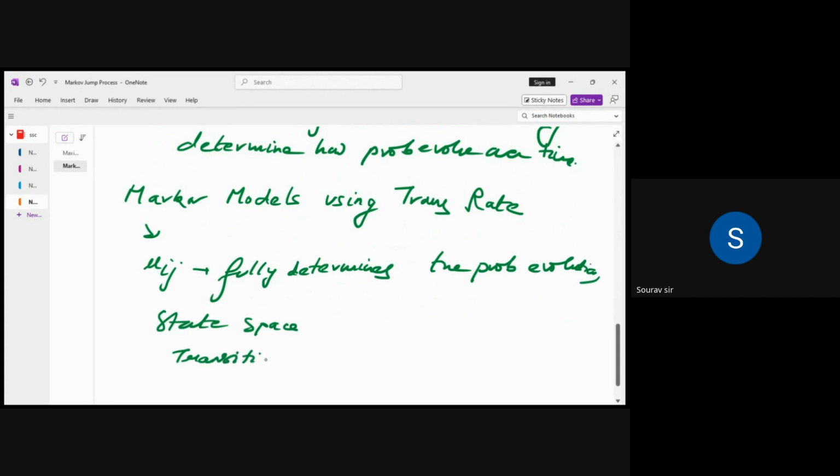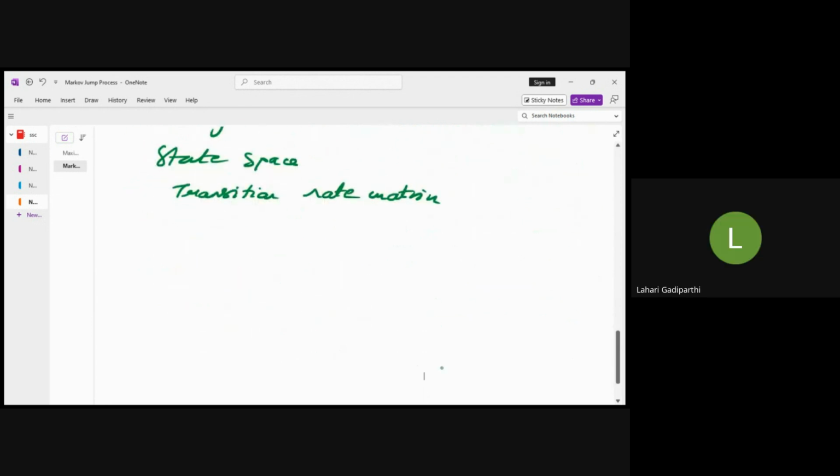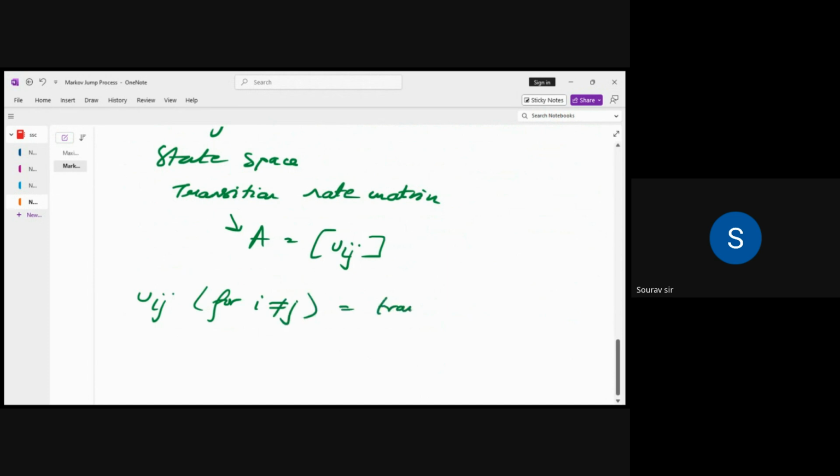What is the transition rate matrix? The generator matrix. We did it last day. The generator matrix is represented as A equals u_ij. Here u_ij, for i not equal to j, is the transition rate from state i to state j.